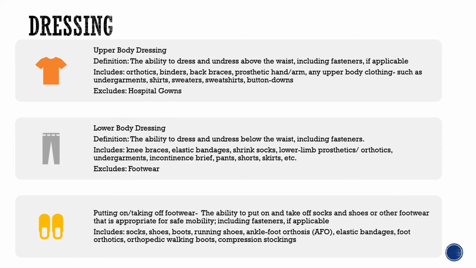We're only going to code the resident's ability to put on that shirt in upper body. So we have to give a distinct picture of each one. This ensures that we are accurately representing the patient's functional capabilities with each one of the dressing activities.